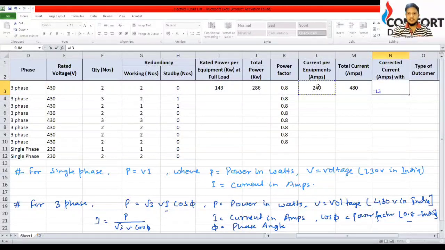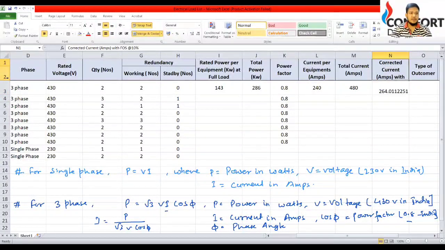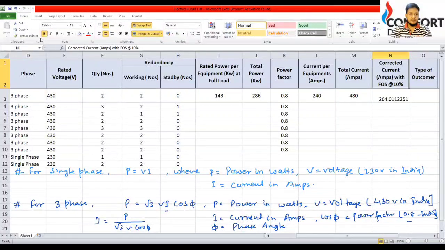So we will take this multiplied by 1.1, that is taking a factor of safety of 10%. FOS is the factor of safety. So this is the current required, 264.